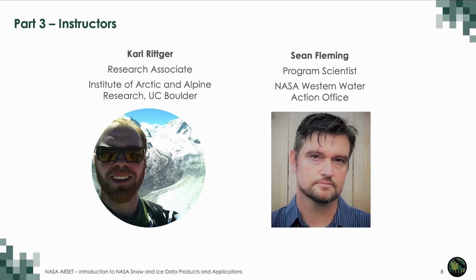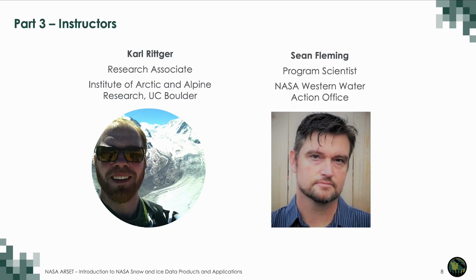With that, I want to introduce our speakers for today. Dr. Karl Rittger is a research associate at the Institute of Arctic and Alpine Research, or INSTAAR, where he works on projects sponsored by NASA, NOAA, and USGS, focusing on research, application, data archiving and distribution, and capacity building.